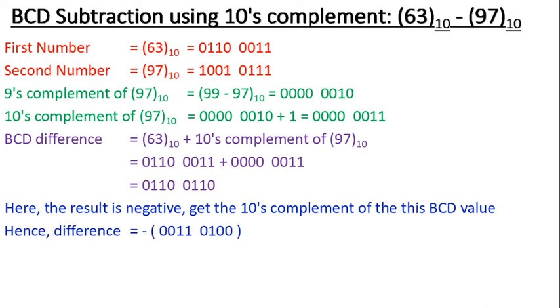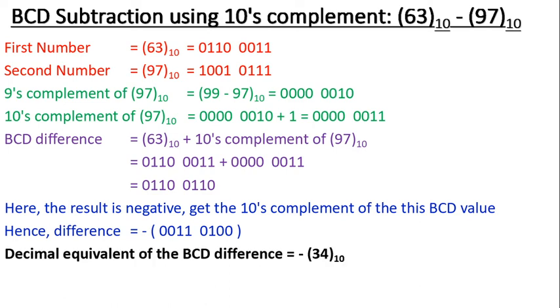So after getting its 10's complement, the actual difference which we are getting here will be minus, because the result is negative. And that result is taken inside the bracket, 0011 0100. Whatever term is shown inside the bracket is nothing but the 10's complement of the BCD difference obtained in the earlier step. But as the result is negative, we have put a minus sign outside that bracket in this step.